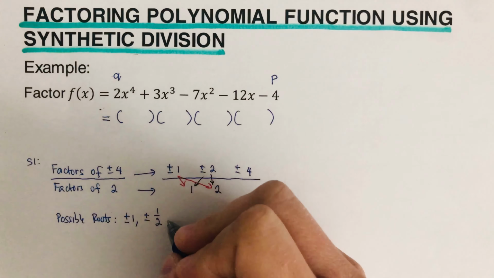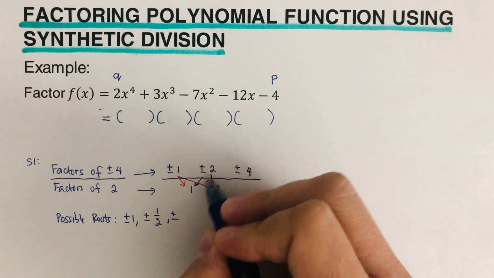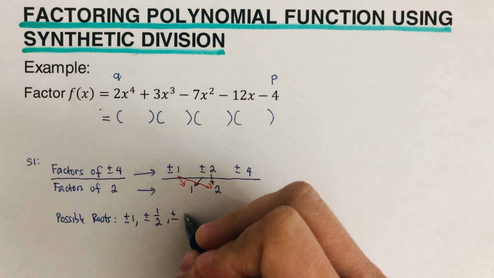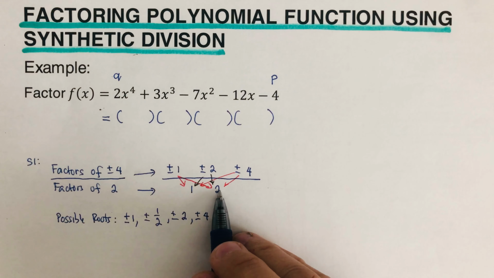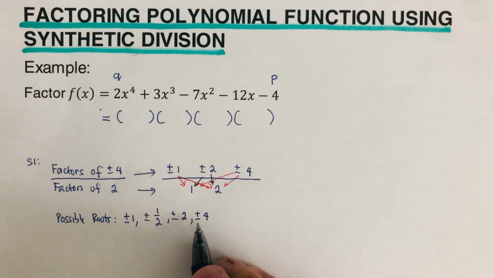So this comes out plus minus 2 over 1, which is just plus minus 2, and then plus minus 2 over 2 is just plus minus 1, so we don't need to write that. Then I pair up the 4 with the 2 and 1 as well. So this would come out plus minus 4, and 4 over 2 would just be plus minus 2, so I don't need to write it. So these are the possible roots.